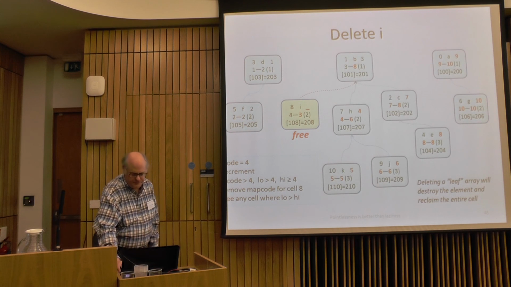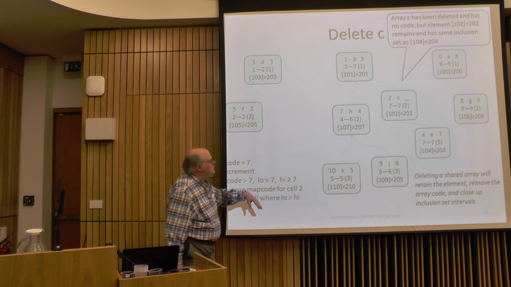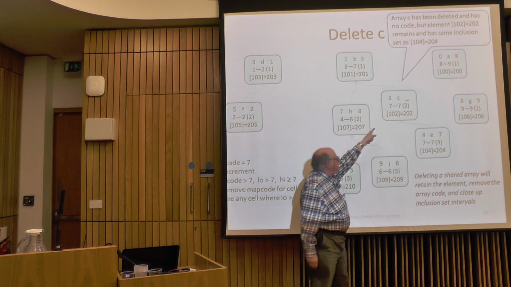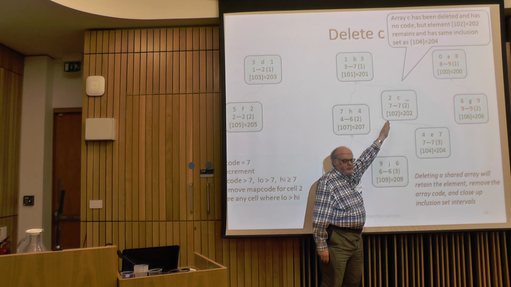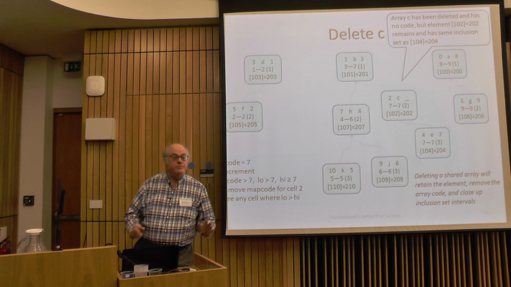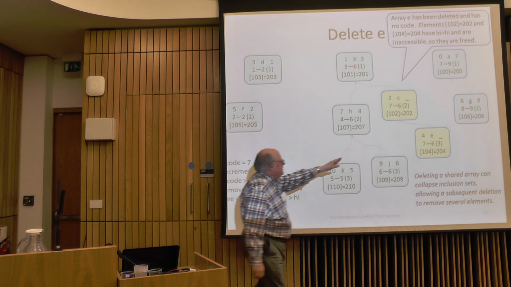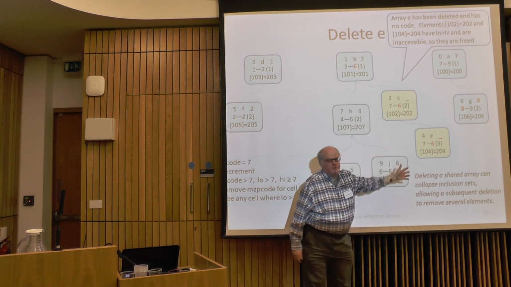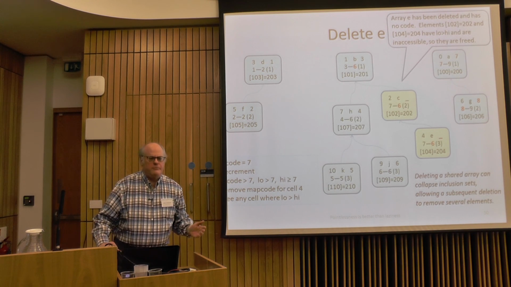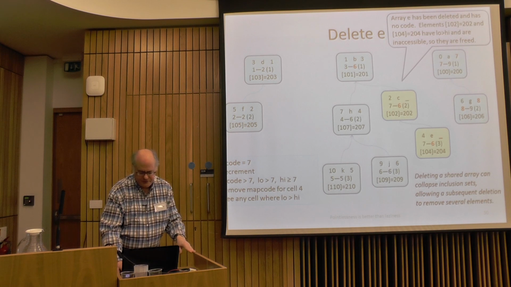In this picture, if I delete this array, we can't actually reclaim any of the storage because it's shared with that one. But it does change the representation of the system, and later on, if we then delete this, both of those get reclaimed. So delete may not reclaim any storage at all, or it may reclaim a lot all in one fell swoop, but it always gets the right amount.